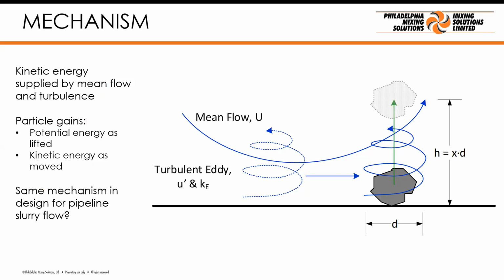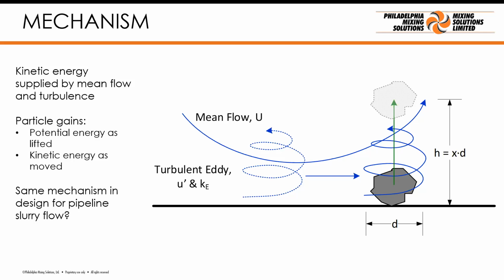So I like to take a step back and think about the physics, the mechanism by which my mixing process is happening. Kinetic energy is being supplied to the particles from the mean flow, the pumping, and the turbulence, which is being generated within the flow.